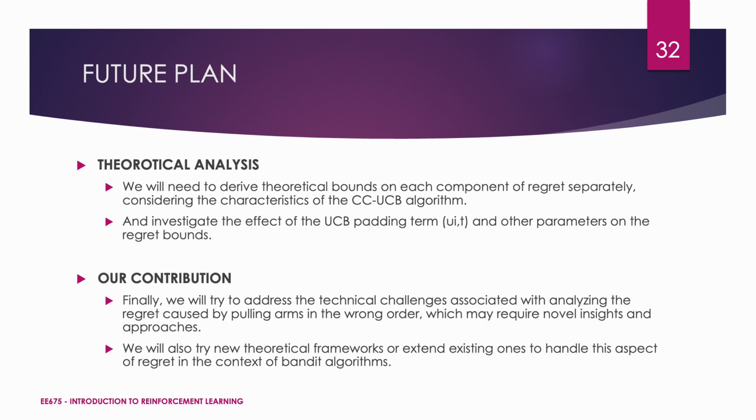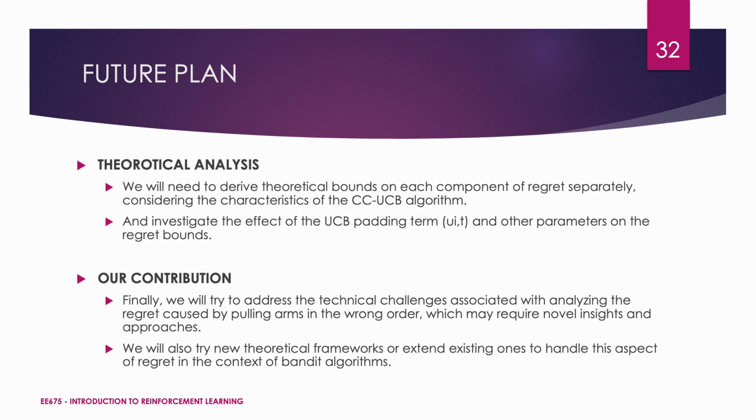After that, we plan to derive theoretical bounds on each component of regret separately. This analysis will consider the specific characteristics of the CCUCB algorithm and how it interacts with the reward and the cost aspects of the decision making process.